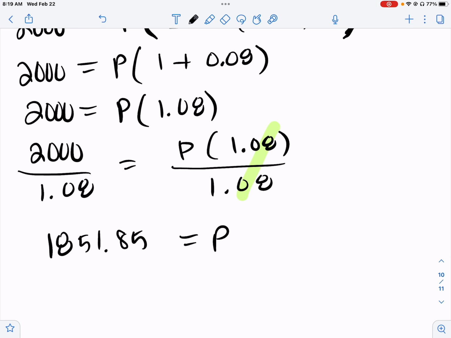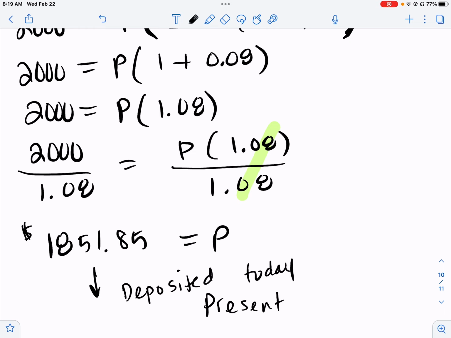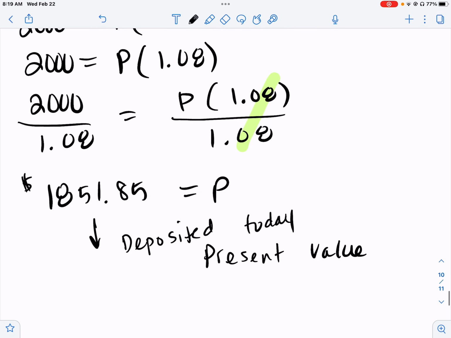And then divide to give us P. So this is what needs to be deposited today. Present value. That's the end of this lesson.